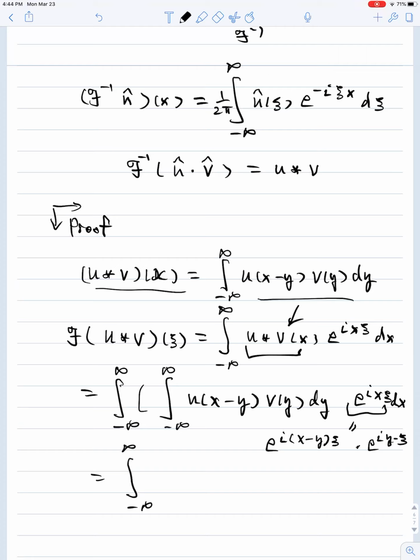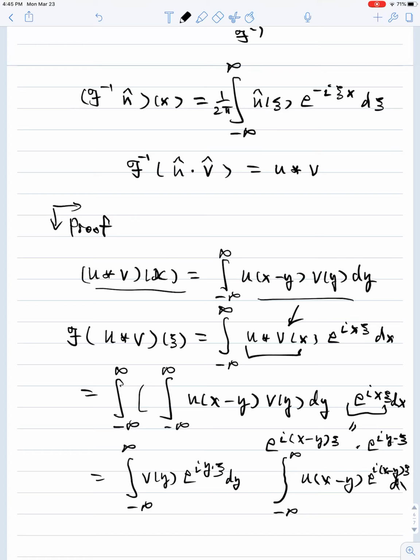Let me do dx first, as an iterative integral, with dy outside. Then I have v(y) e^(iξy) dy, and then the integral of u(x-y) e^(iξ(x-y)) dx.